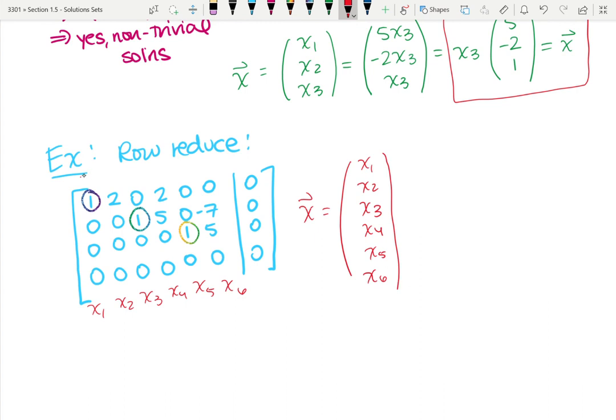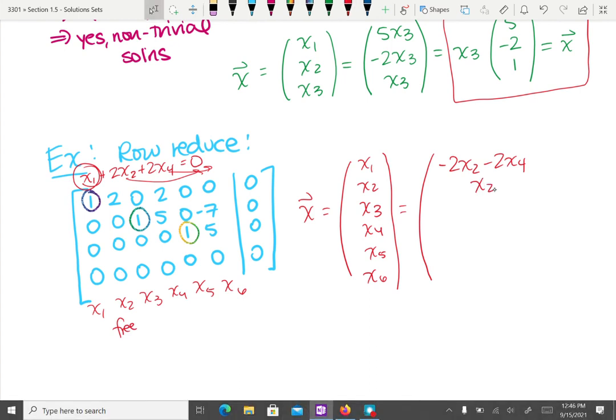For this top row, the equation is x1 plus 2x2 plus 2x4 is equal to 0. I want to keep the pivot variable where it is and move the other ones to the other side. So x1 is really equal to negative 2x2 minus 2x4. Then we come to x2. Well, x2 is free, so it just stays like it is.